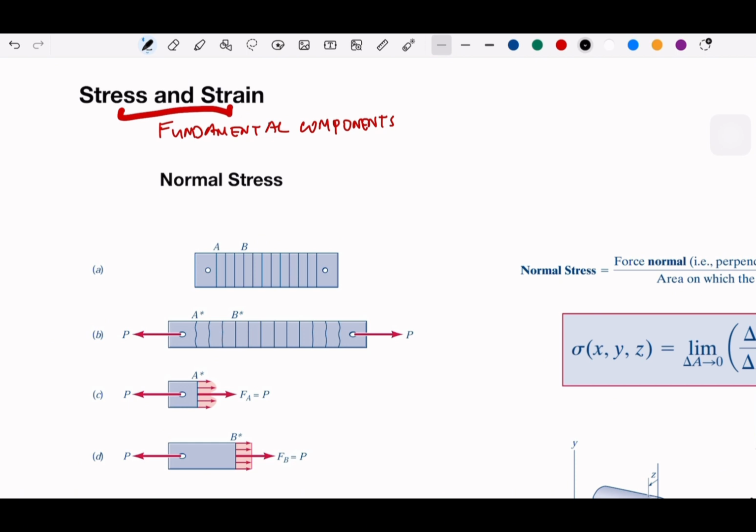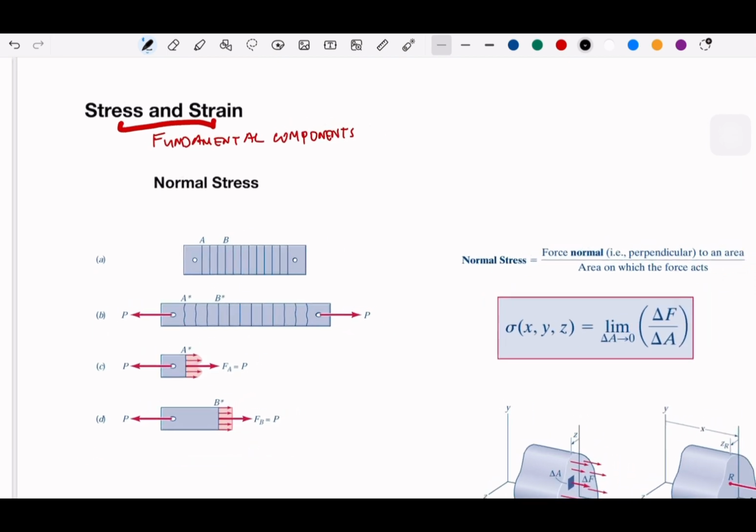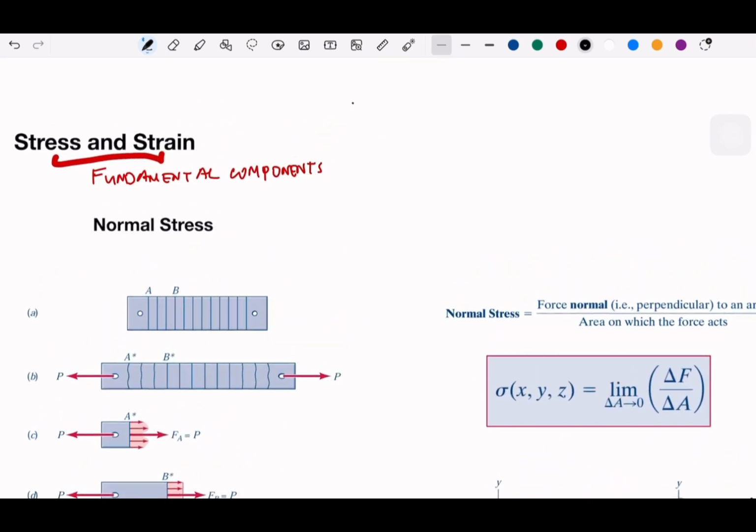Previously, we have seen how, for example, the two-member forces can be extracted. For example, if you have this kind of bar, let me make it a little bit bigger.